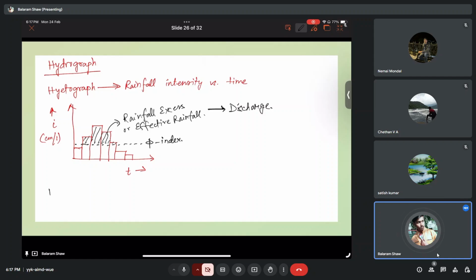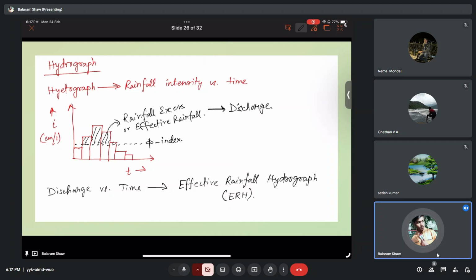If we plot this discharge on the y-axis and time on the x-axis, then the plot that we get is the hydrograph, or we say the effective rainfall hydrograph, that is ERH.